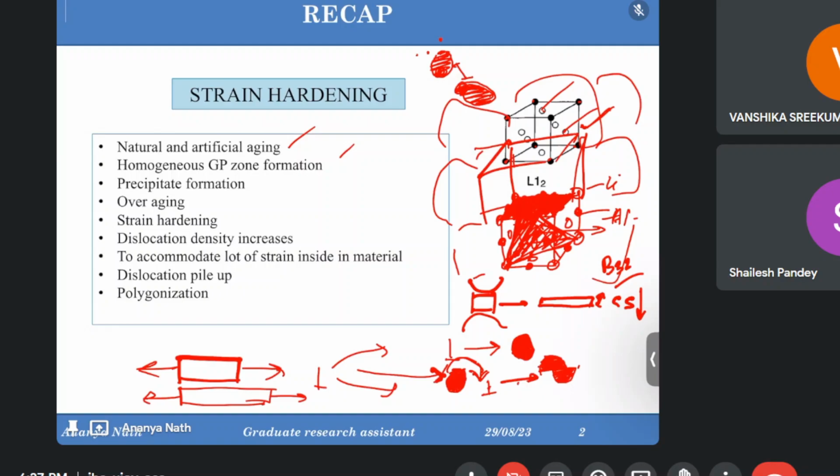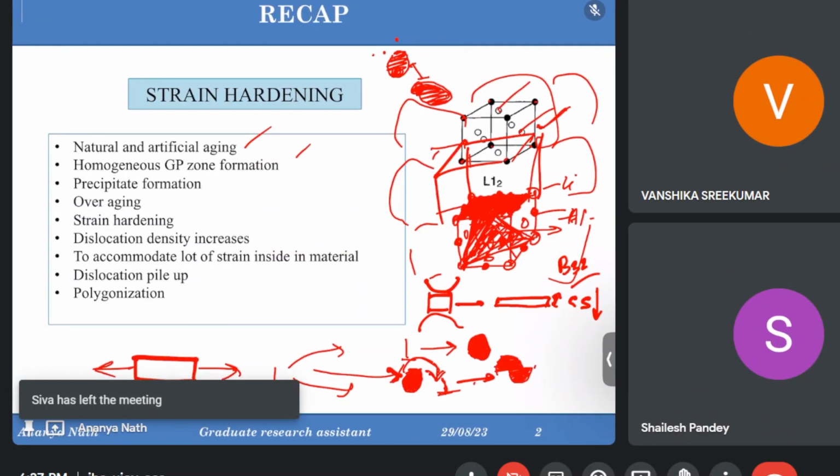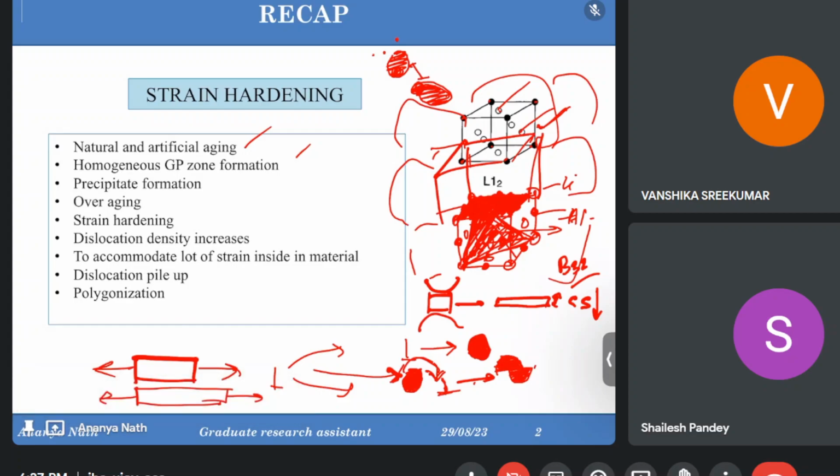This is why, if the dislocation movement is hindered somehow, we are not getting any ductility result, or the test is not showing us the ductility of the material, meaning the material is hardened, the material is harder. This is why the material cannot sustain or accommodate much more strain inside the lattice.